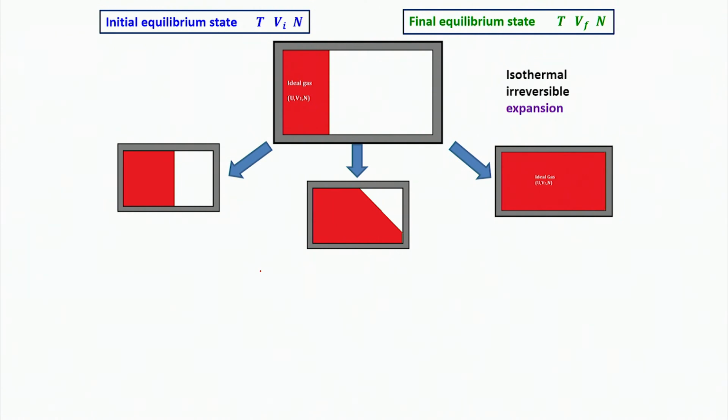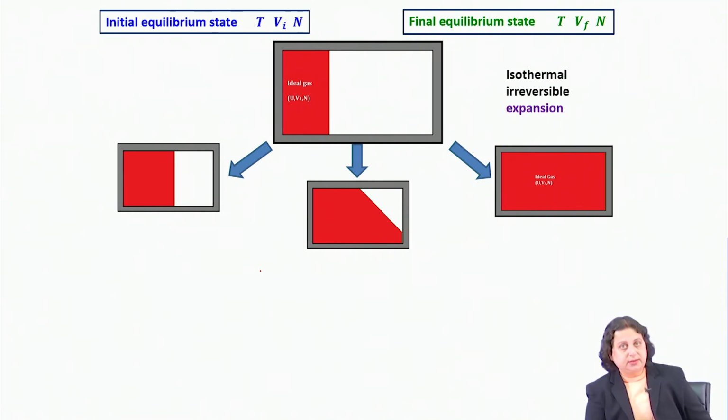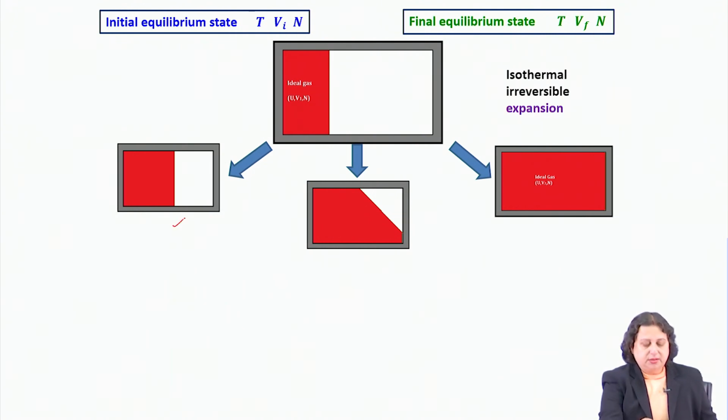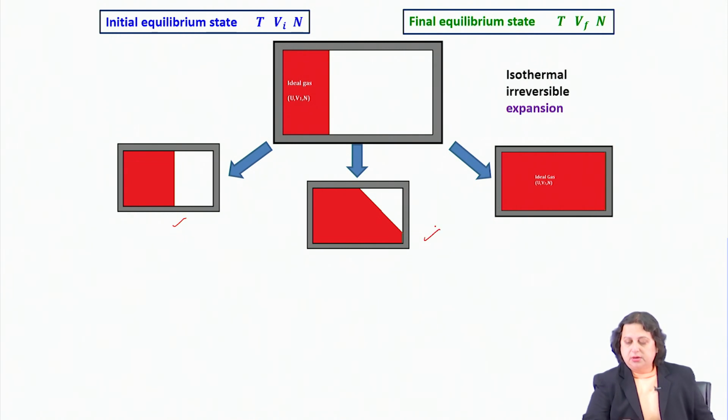Next comes the question, obviously, when the gas starts to expand, where will it stop? Would it stop here, or would it stop here, or would it go all the way and fill up the entire box?